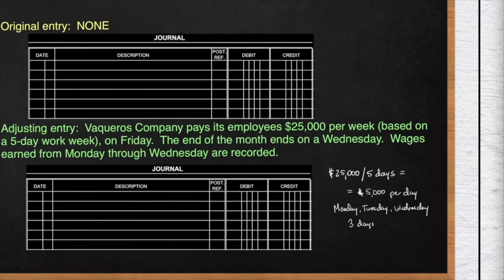So that's 3 days times $5,000 per day, and that will give you $15,000 worth of wages that were worked in the remaining days of the accounting period. Thursday and Friday are the new accounting period, the new month, and that belongs in the next month.